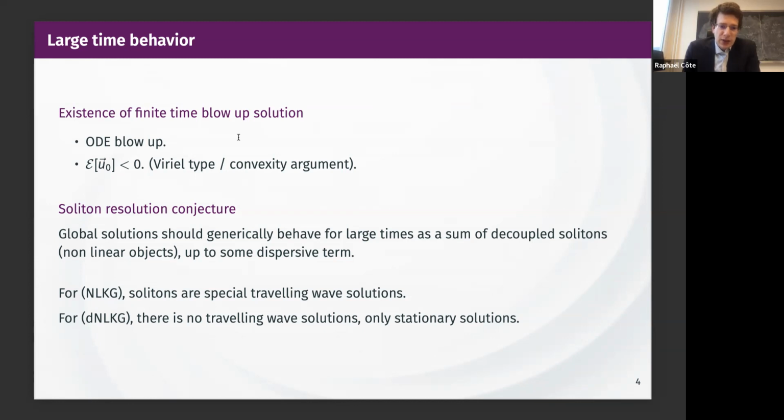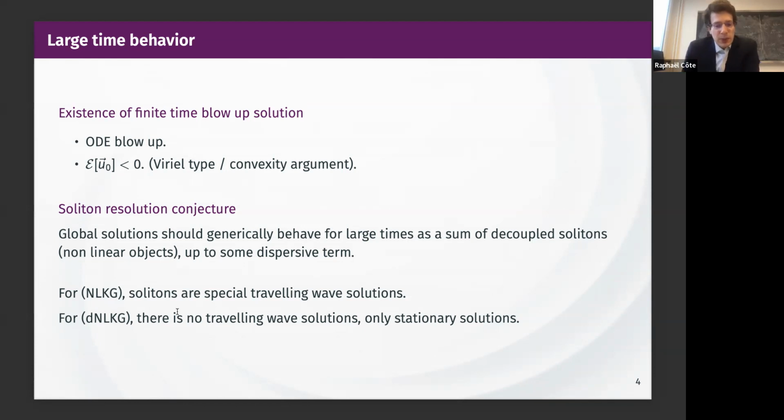It tells you that global solutions should behave, at least generically for most data, as a sum of decoupled nonlinear objects, which preserve their shape, up to some term vanishing in some sense. So I will detail what the soliton conjecture should be in the Klein-Gordon case.